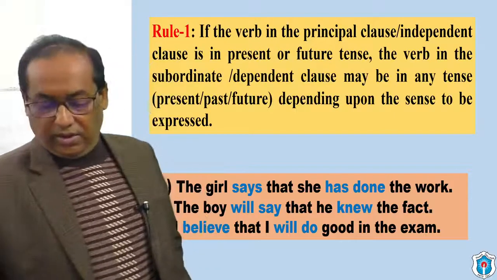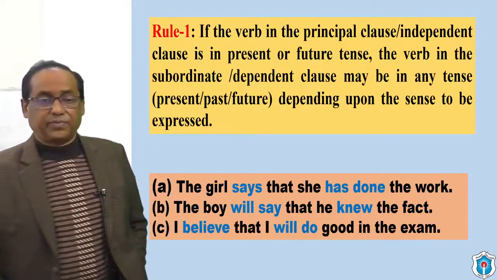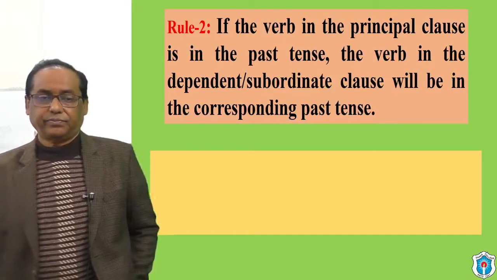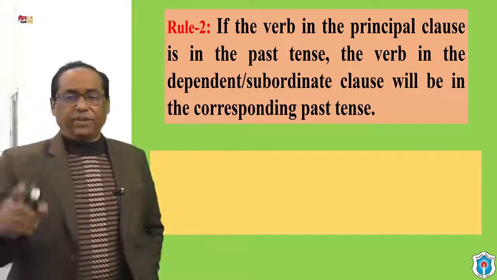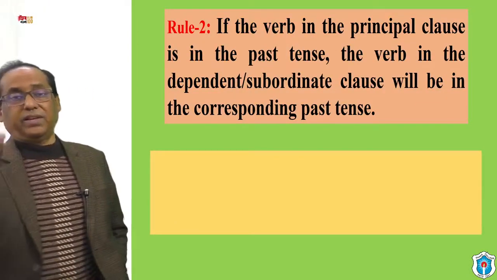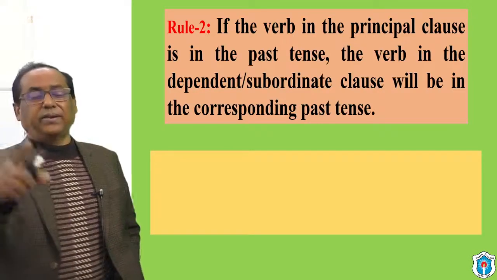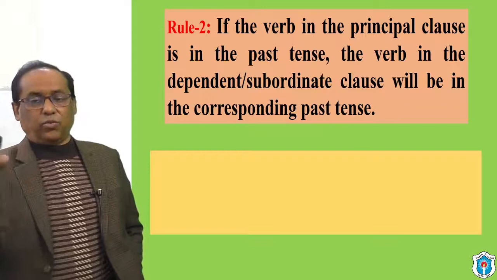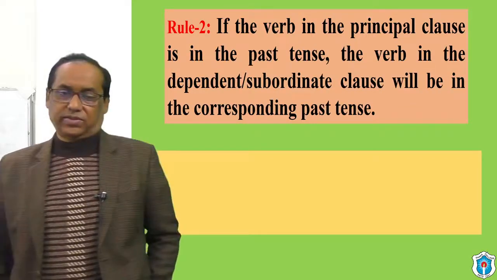Now let me see the second rule. The second rule: if the verb in the principal clause is in past tense, the verb in the dependent or subordinate clause will be in the corresponding past tense.